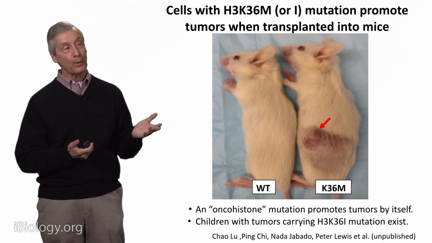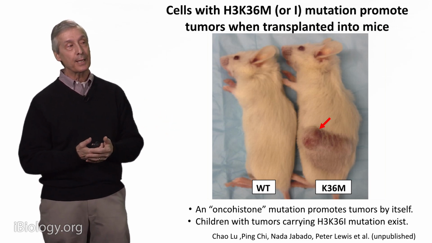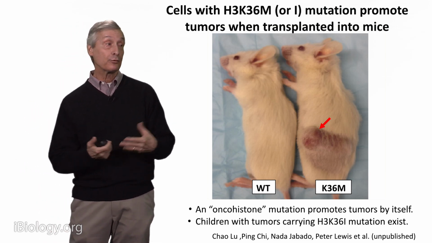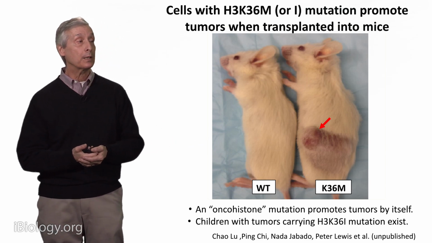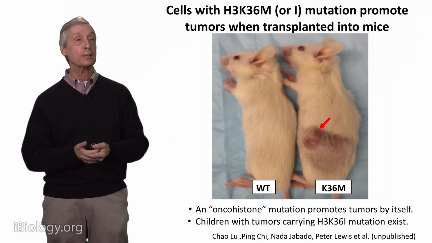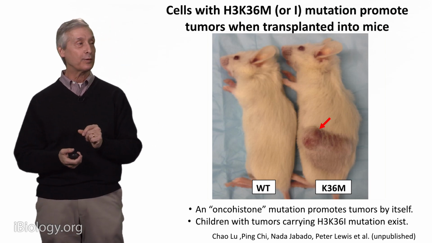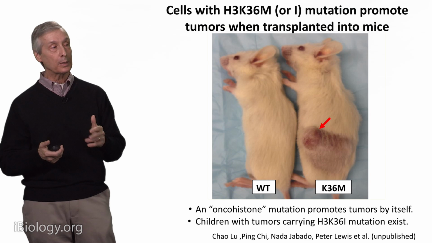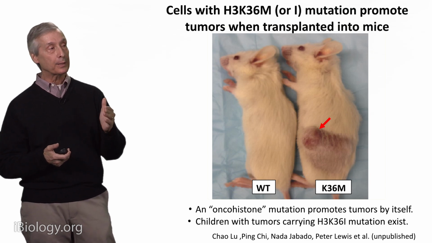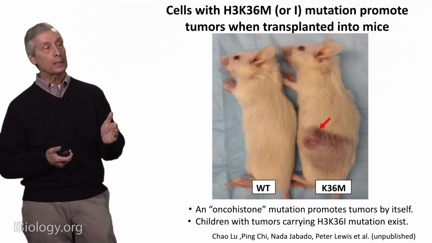This was a tumor that tracked the bone, and this transplantation is not even taking it to a bone, it's just the side of a mouse. And so it's a very striking demonstration that these mutations, which we've nicknamed oncohistone mutations, sort of as a buzzword, really are driving cancer in this situation.